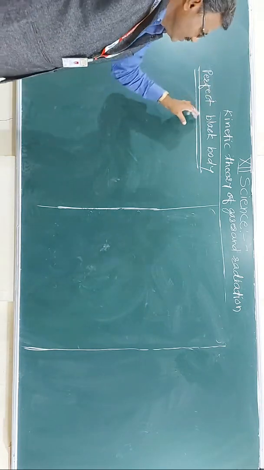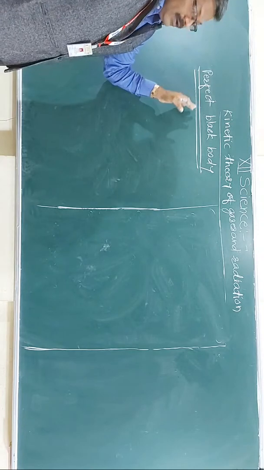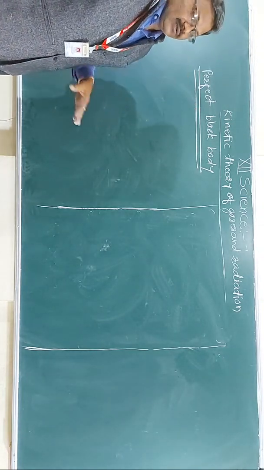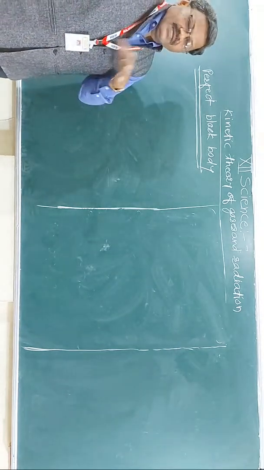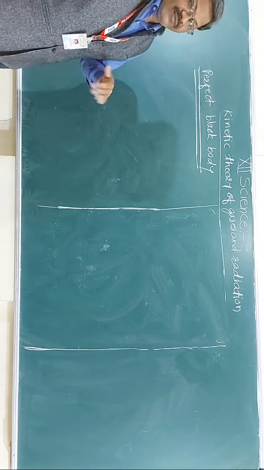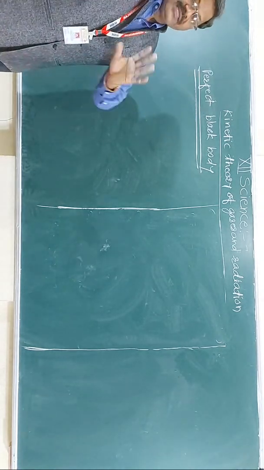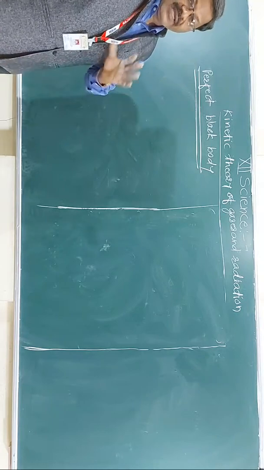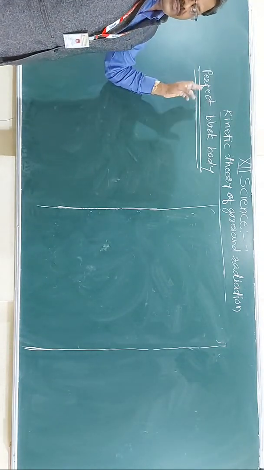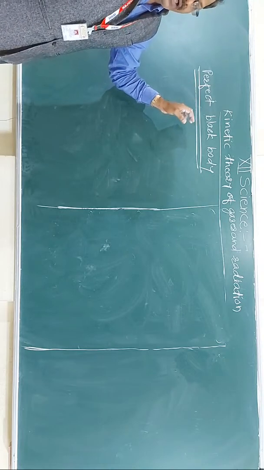The definition is: when radiant heat is incident on the body, it absorbs the total energy, the entire energy is absorbed by the body. Such a body is called the perfect black body.